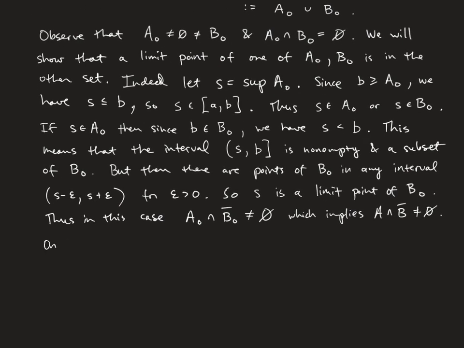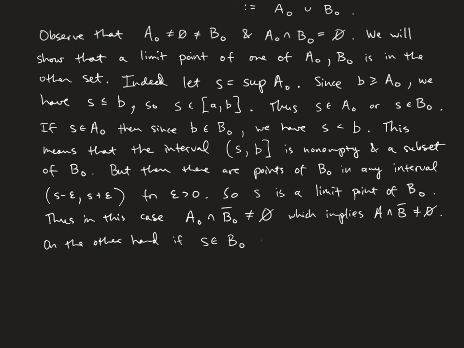On the other hand, if S is in B naught, what does that tell us? Well, S is the supremum of A naught, but the supremum is always a limit point of the set that it's the supremum of.